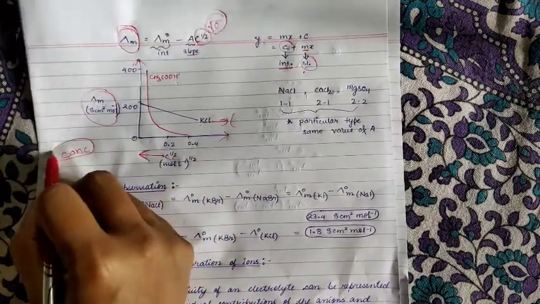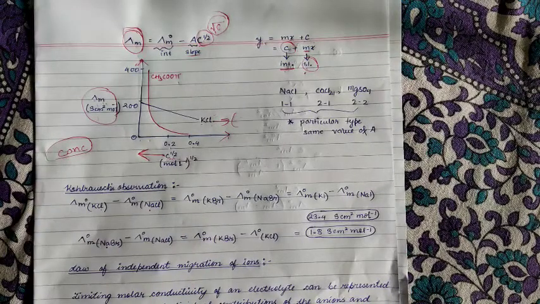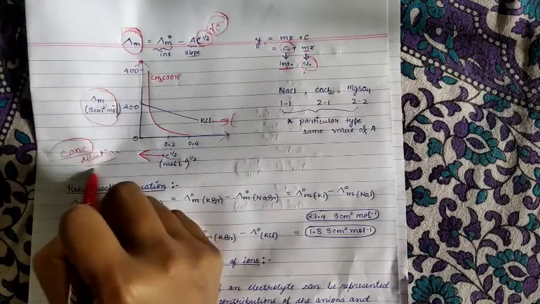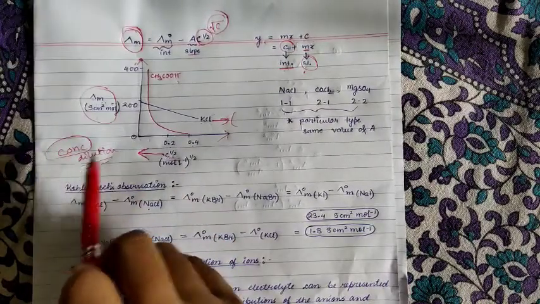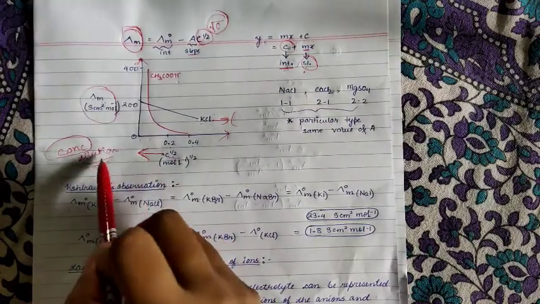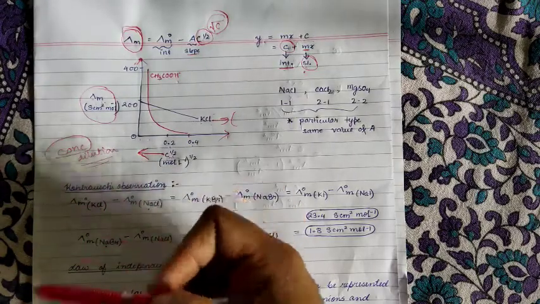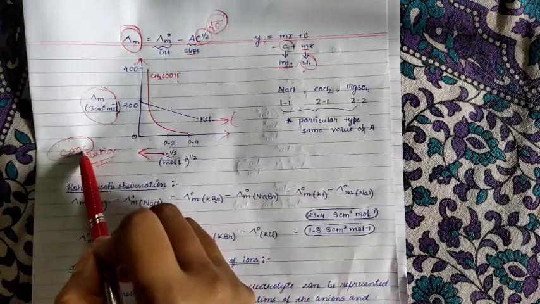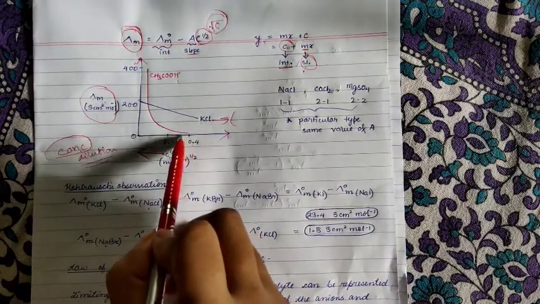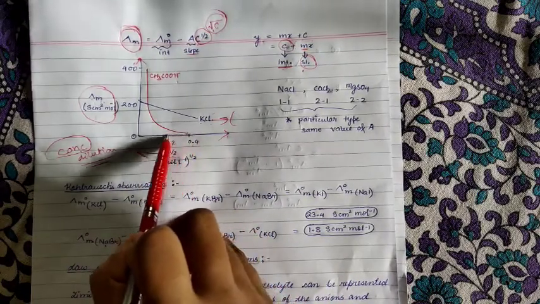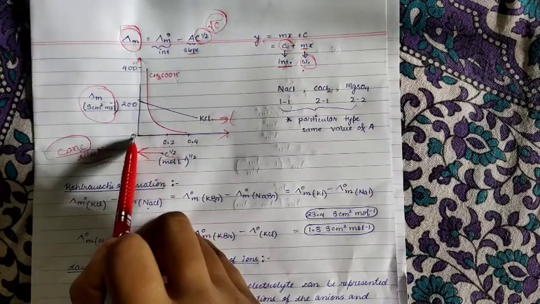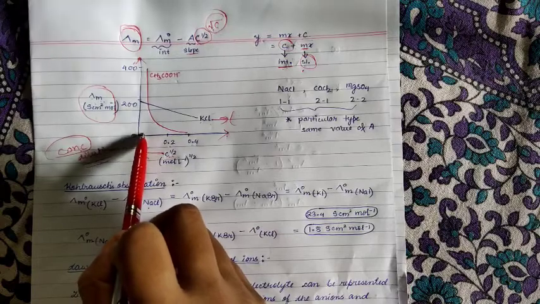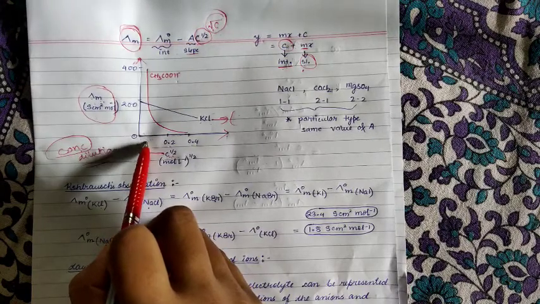In another way, you can say dilution increasing. Means you are adding water to the electrolyte, therefore the dilution is increasing. You are diluting the electrolyte. Dilution means you are decreasing the concentration. So if you come this way, what happened? Here 0 and here 0.4, right? So it means the concentration is decreasing this way.